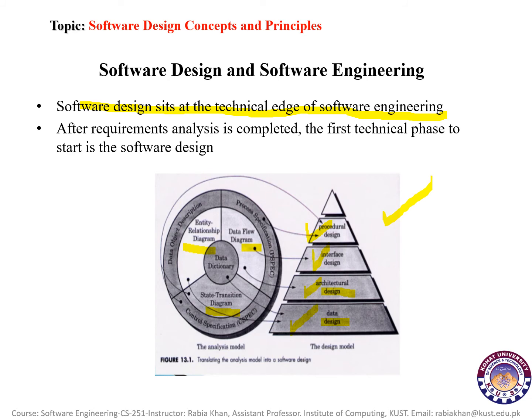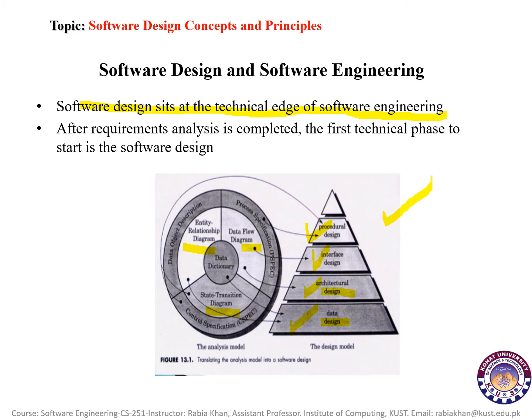Architectural design representation, which is also known as the framework of the computer system that is going to be built, can be derived from the system specification, the analysis model, and the interaction of subsystems defined within the requirements analysis model. This has been done in the previous chapter already.